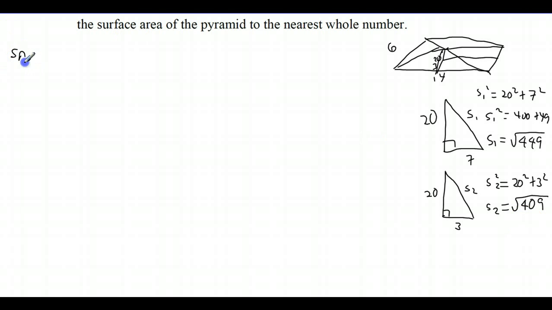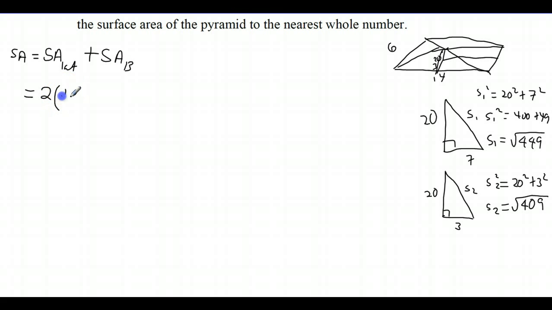Okay, so surface area is the lateral plus the surface area of the base. The lateral surface area consists of two triangles, which are 1/2. Now the base will be 14, and where the base is 14, the slant height will be root 409. So 1/2 times 14. I suppose really Mr. Formula here, right?